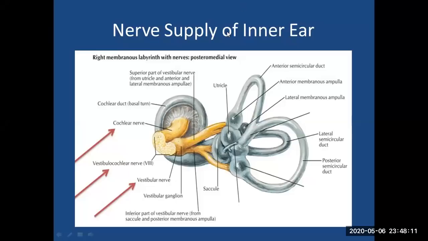Also, as the facial nerve is in close proximity to these structures, at the level of the geniculate ganglion the nerve fibers sometimes reach the superior vestibular nerve, the inferior vestibular nerve, and also the cochlear nerve.